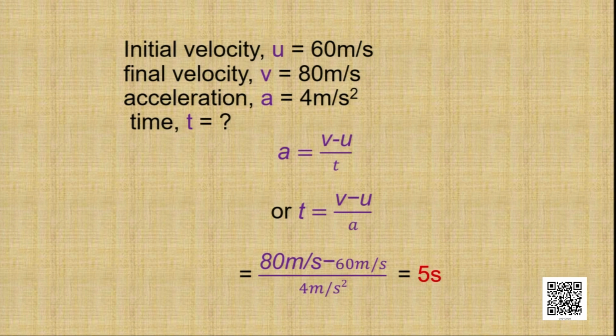By substituting the values and solving, we find that the time required is 5 seconds. 80 minus 60 is 20, 20 divided by 4 gives 5. So the time required to reach a velocity of 80 meter per second from 60 meter per second at an acceleration of 4 meter per second square is 5 seconds.